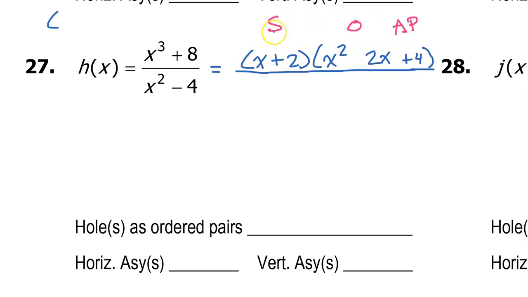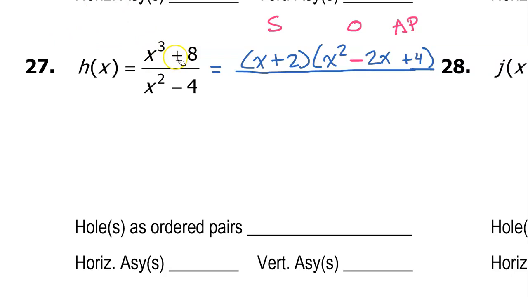This stands for same, opposite, and always positive. So because we had a plus in the original problem, then in the binomial I have a plus because that's the same. But then right here it's going to be the opposite. So I'm going to put a minus 2. And then this final sign is always positive. So we have the acronym SOAP. Same, opposite, always positive.